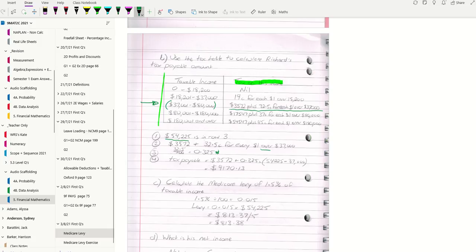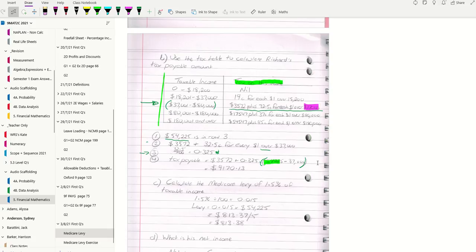For his tax payable, use this formula and bring it down here: $3,572 plus that 0.325, and make sure you've got brackets. Now it's the difference for every dollar over $37,000. So we're getting his taxable income of $54,225 and subtracting that $37,000.